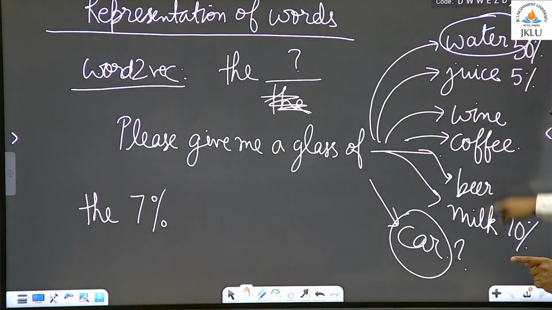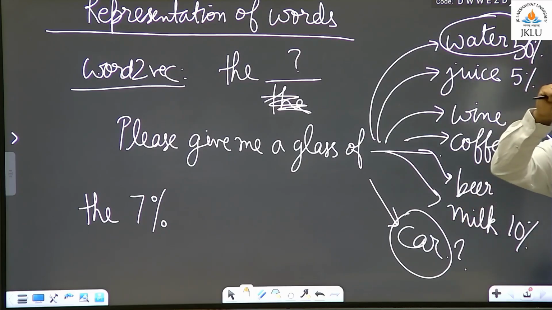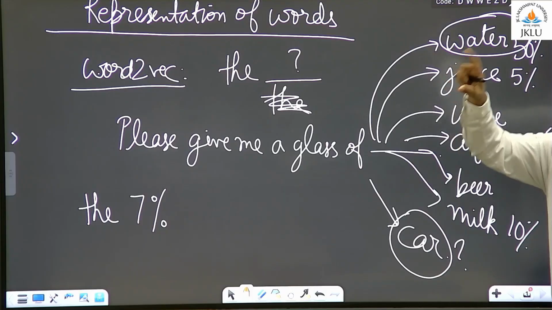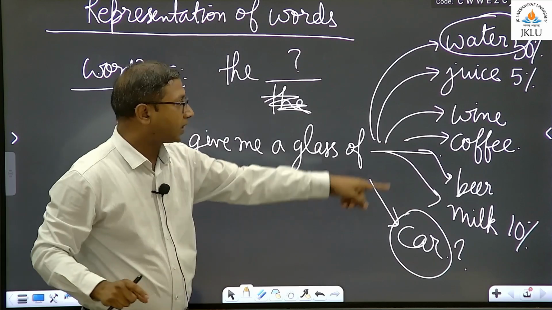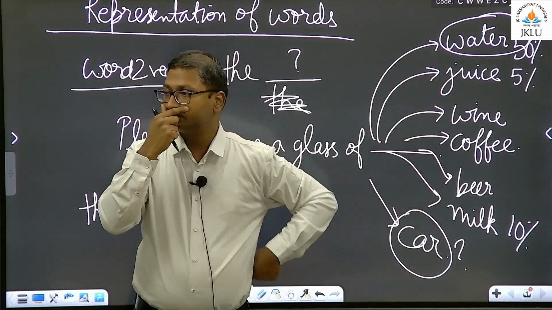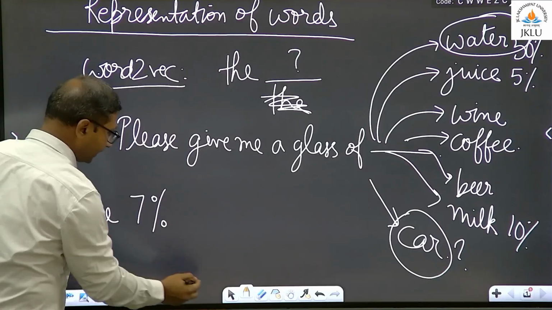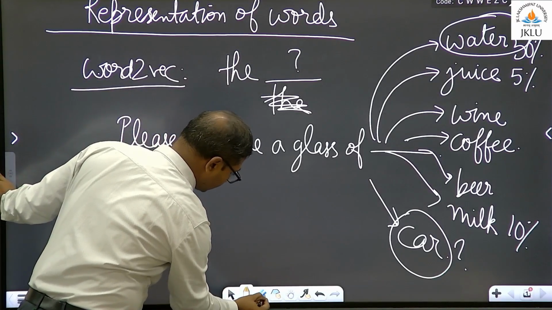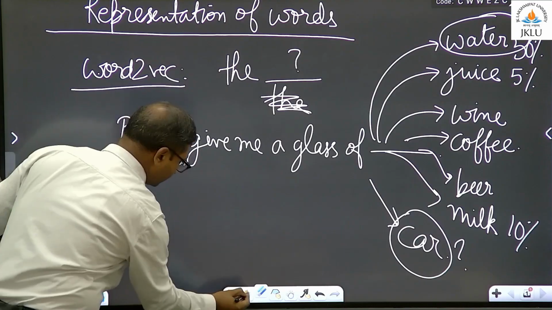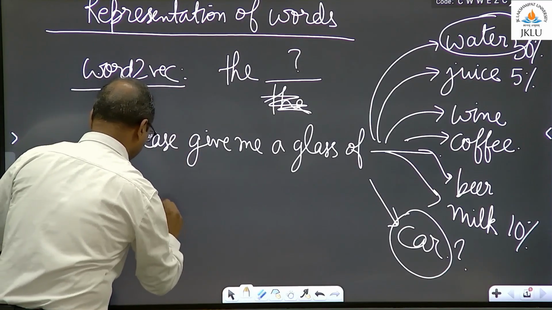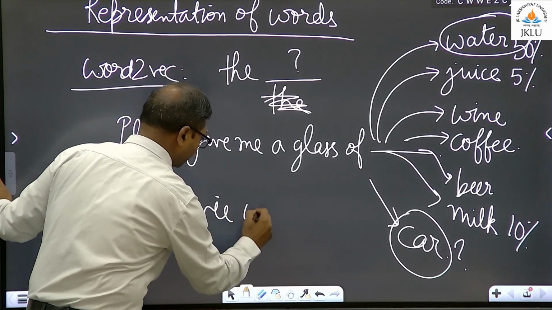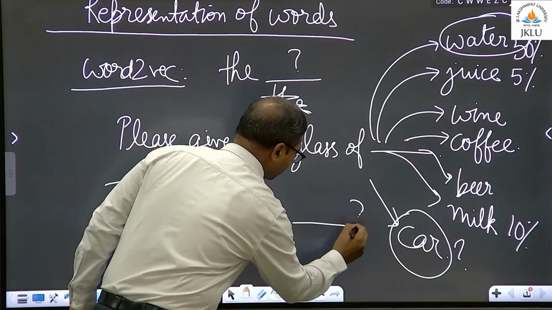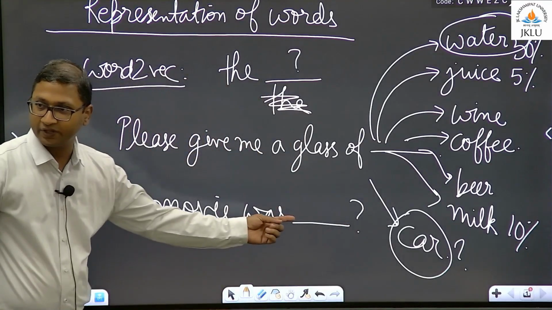Now, tell me, water, juice, wine, we said the movie is good, the movie is bad. Bad and good were opposites of each other. In this case, what kind of relationships are we talking about? Or let's say just, the movie was, help me fill this one.